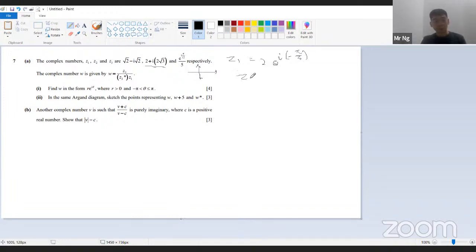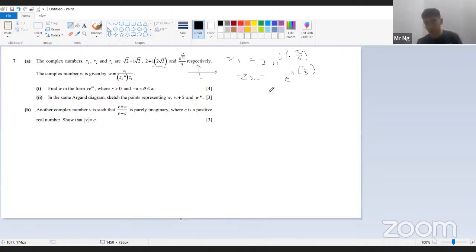Then after that, your argument of Z2 equals to tangent inverse square root 3, pi over 3. So e to the i on the first quadrant, so pi over 3.